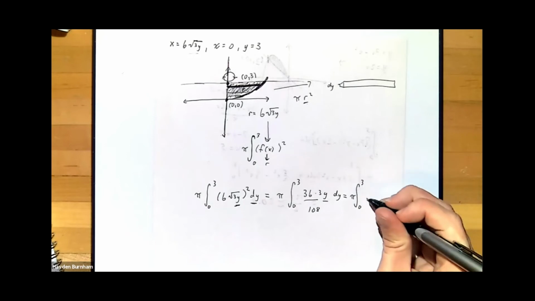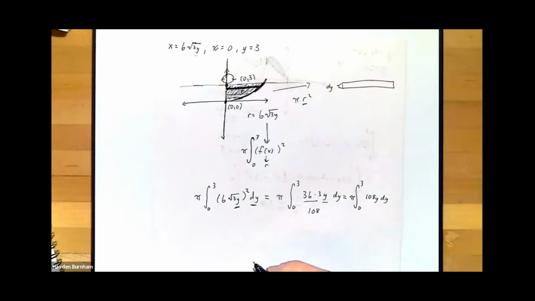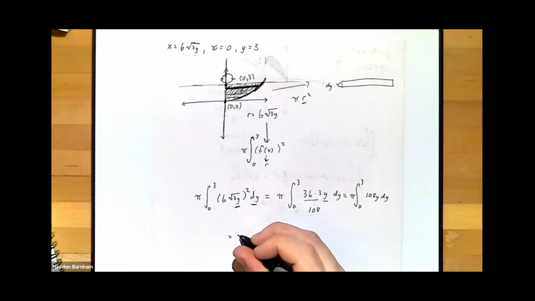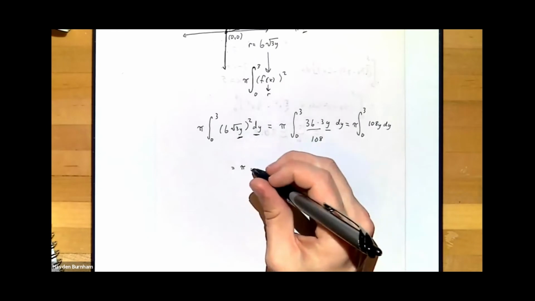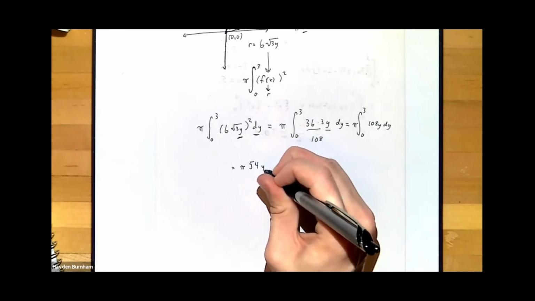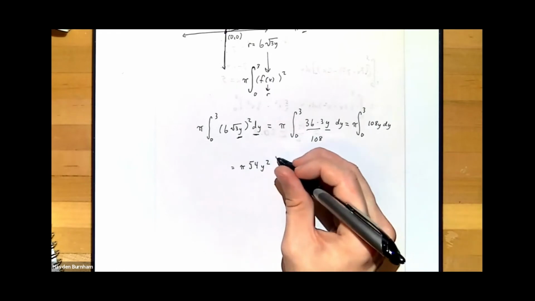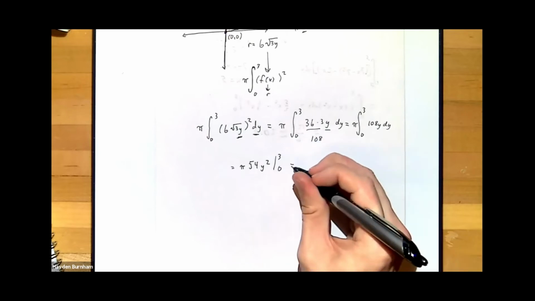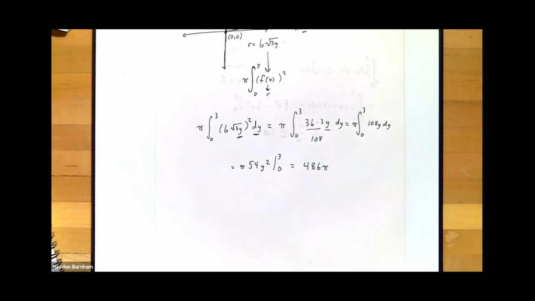So writing this out even simpler, 0 to 3, that's just going to be 108y dy. That's pretty easy to take the integral of. That's just going to be pi times 54 y squared. Once I take the integral, evaluated from 3 to 0, which is just going to be 486 pi.